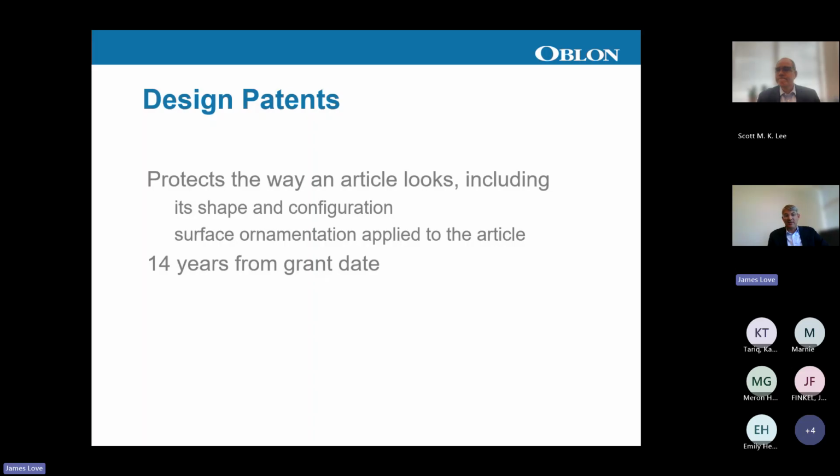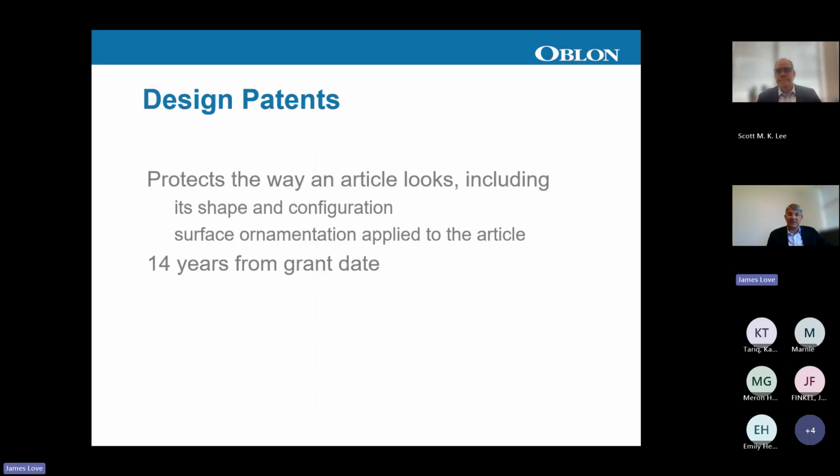If it's a medical device, you could protect, for example, the way the actual medical device looks, right? The style aspect to it, the ornamentation. These things can be protected with design patents. It can be very powerful, because maybe everyone in the market will identify your product based on its look. And someone who's trying to copy you is going to try to copy that exact look that you make.